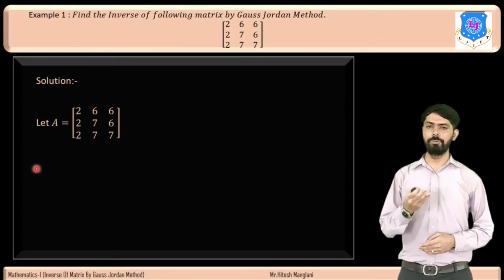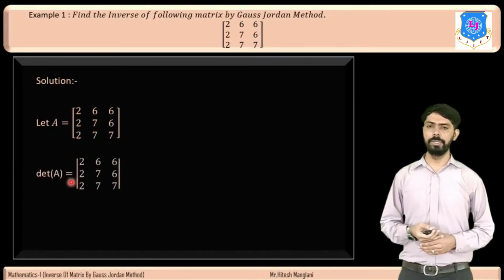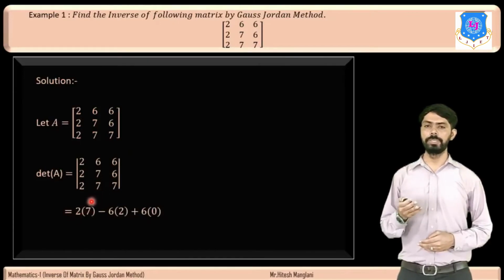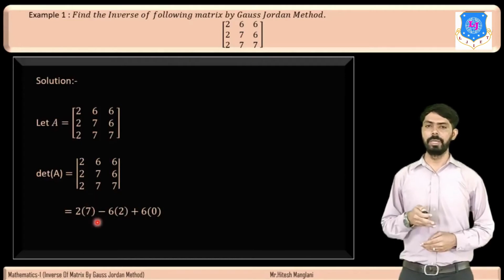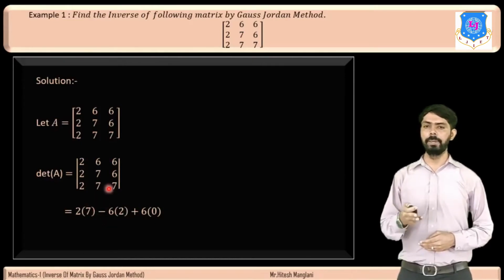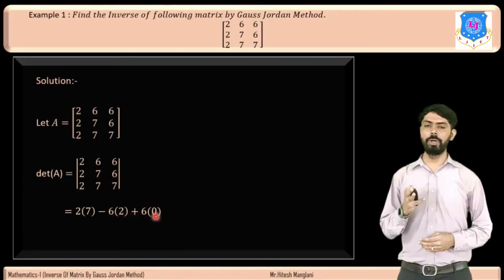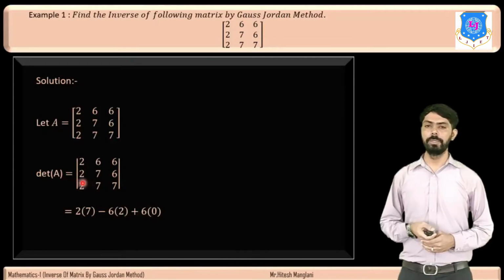If we find the determinant of this matrix, it will be 2 in bracket 7 into 7, so 49 minus 42, which is 7, then minus 6 in bracket 14 minus 12, so it will be 2, so minus 6 into 2, then plus 6 in bracket 14 minus 14, so it will be 0.